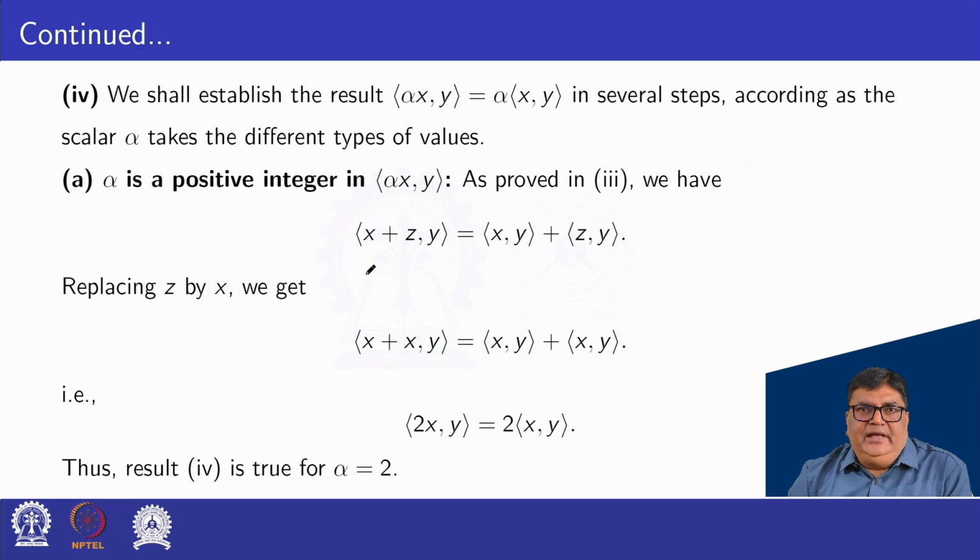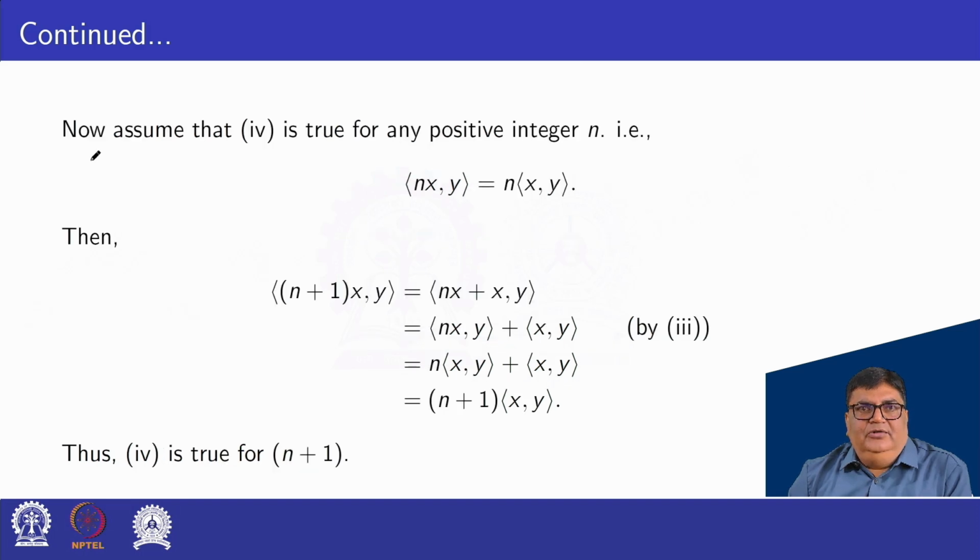Replacing z by x, this expression can be written as inner product of (x plus x, y) equals inner product of (x, y) plus inner product of (x, y). Okay, so here inner product of (2x, y) equals 2 into inner product of (x, y). So this result is true for alpha equal to 2.